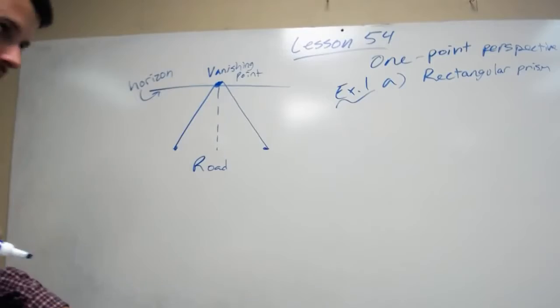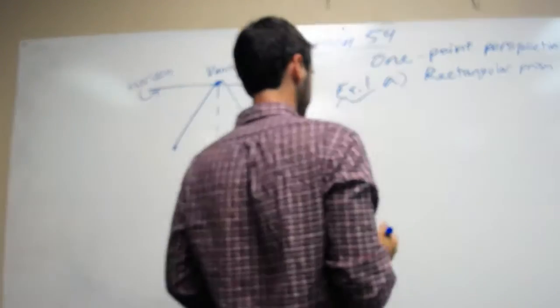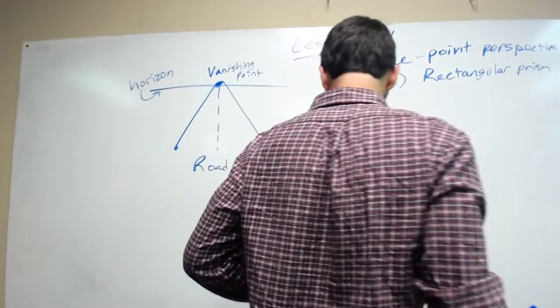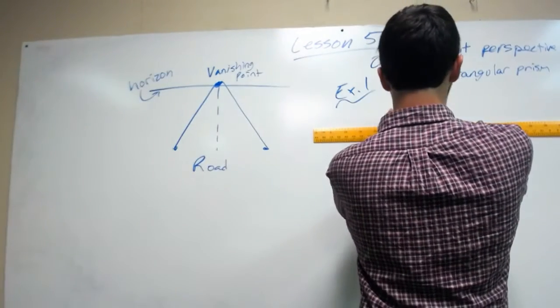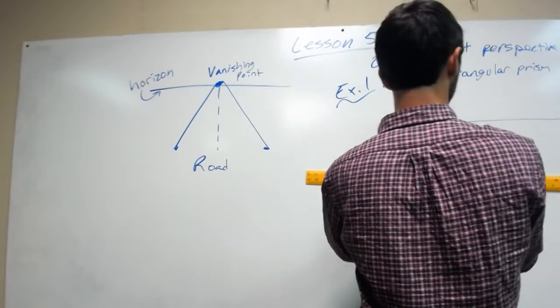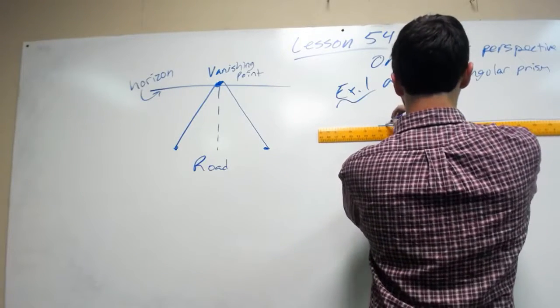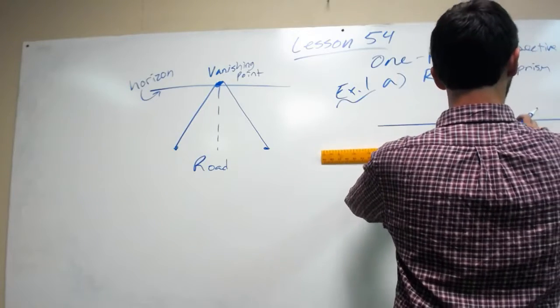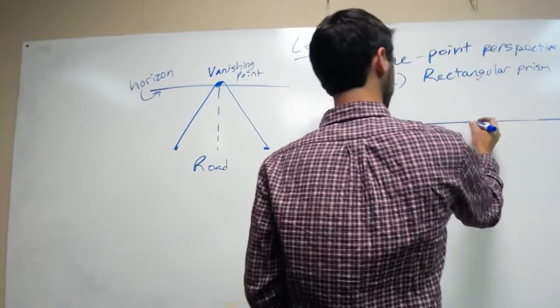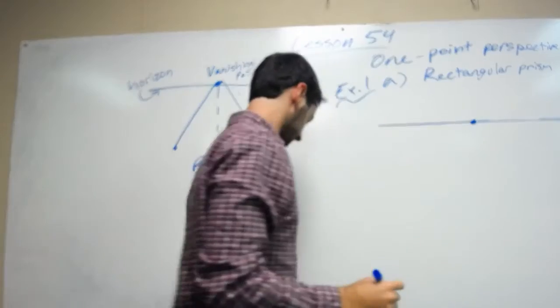So what you do is, I got my ruler here, you draw your horizontal line. Whoa, and that ruler did not help me at all. Draw your horizontal line. And from here I'm going to put my point.